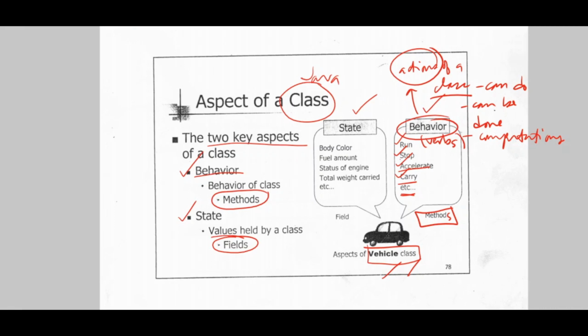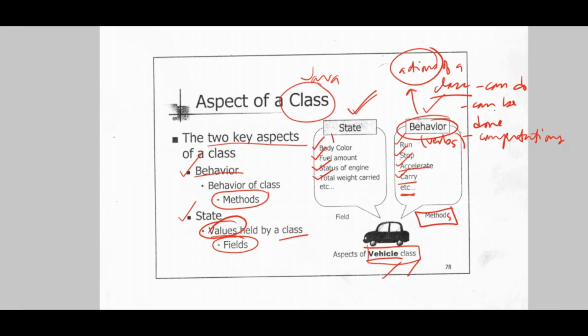For the second aspect, which is the state, these are, as mentioned here, values held by a class. So the vehicle class has a body color, has fuel amount, has status of engine, has total weight that it can carry.